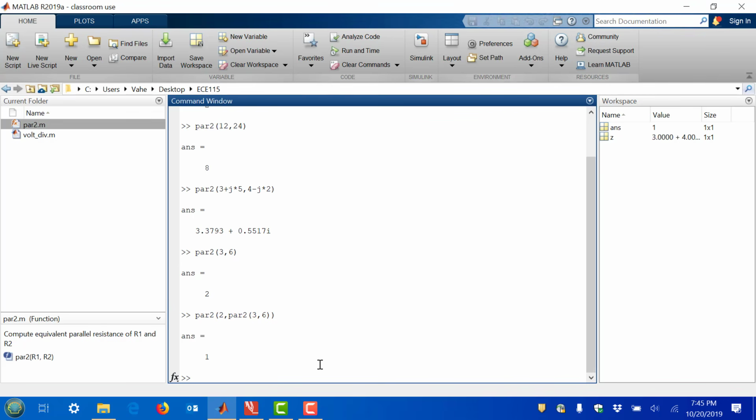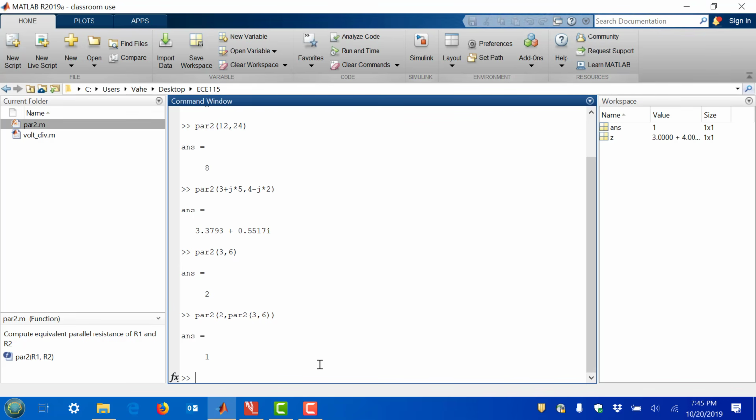So I hope that makes sense for now. And I think with this you should be able to write a function and use functions if they are asked on the experimental procedure for experiment number 7.